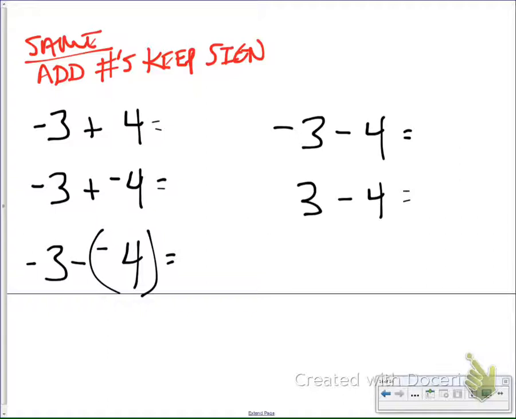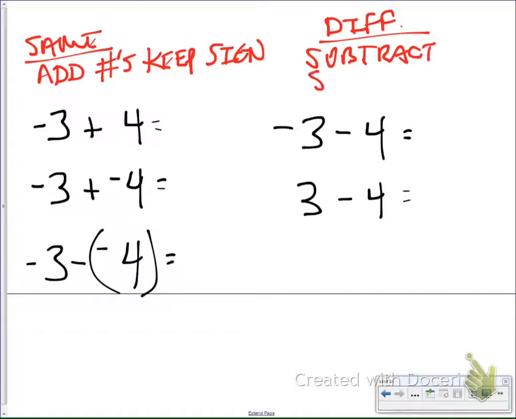Now, second rule, if they're different, you're going to subtract the numbers, biggest minus smallest, just like you would, okay? Subtract the numbers and take the sign of whichever number is further away from 0. Okay, so sign of the number farthest from 0.